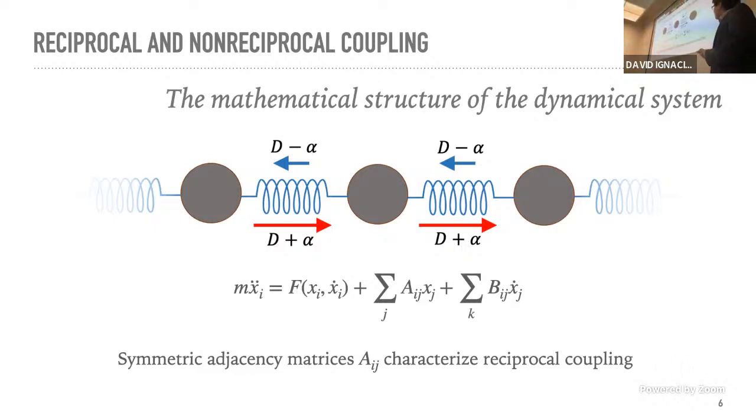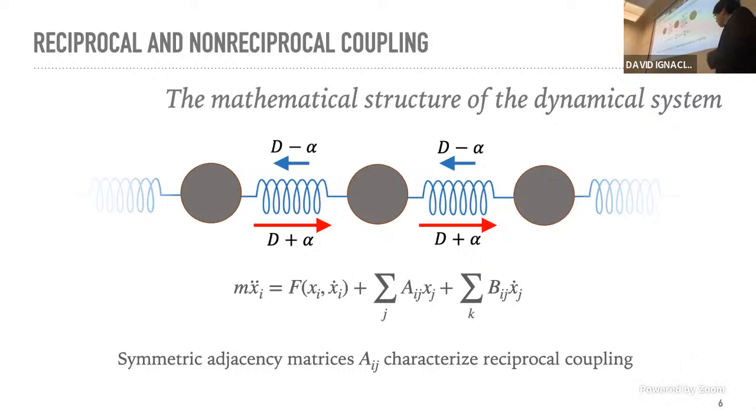And this matrix element, A sub i j, will define the mathematical structure of the dynamical system, and in most of the usual physical configurations that one studies, this matrix happens to be symmetric. So when it is symmetric, it characterizes a reciprocal coupling, meaning that one mass affects the other in some way, and if you interchange them, the same happens. So there is no difference if you interchange these masses.